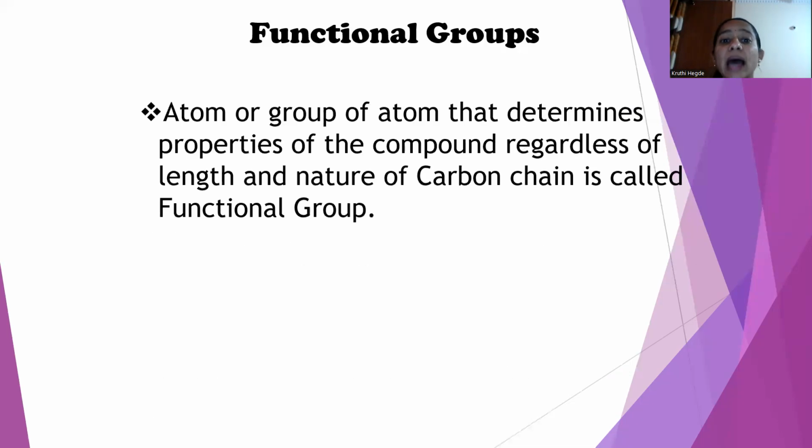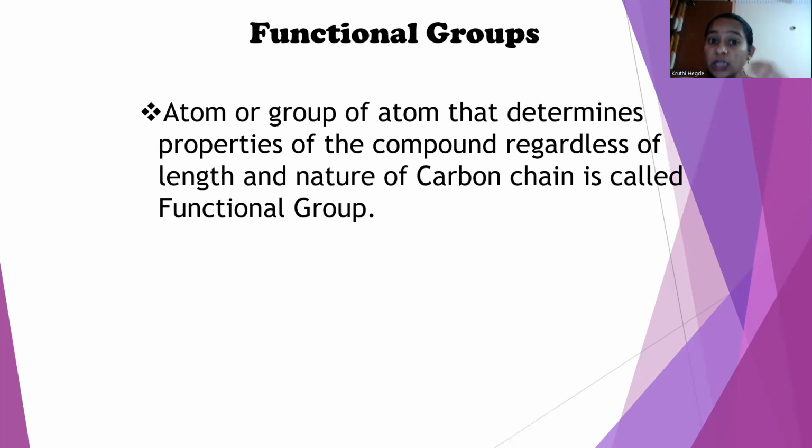It's nothing but an atom or group of atoms that determines the properties of the carbon chain regardless of the length of the chain. And this atom or group of atoms displaces or substitutes hydrogen in the carbon chain.